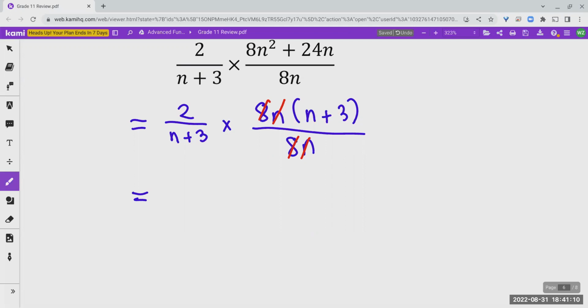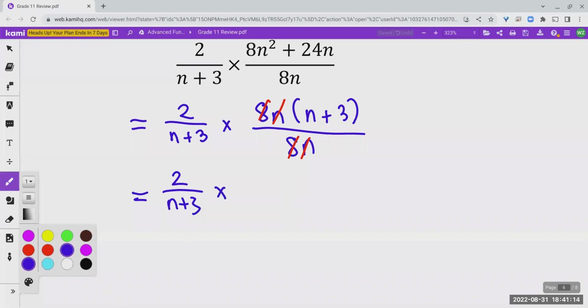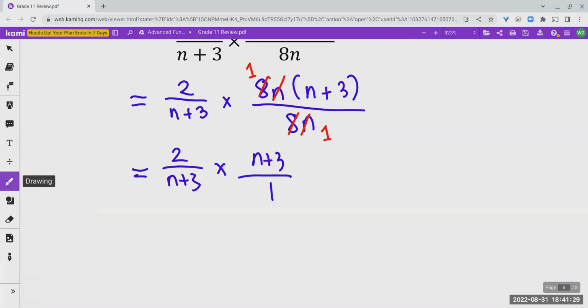Okay, so what do we have? Let's simplify. So I have 2 over n plus 3 times n plus 3 over 1. Remember, when you cancel something, they don't literally disappear. They become 1. So you still have to divide by 1. Let's multiply them.